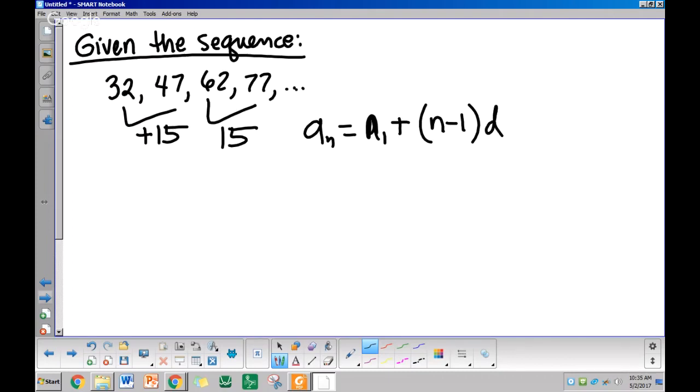So what are you gonna plug in? A sub n equals, what's our first term? 32. Yep, so a sub n equals 32 plus (n minus 1) times d, which is 15.